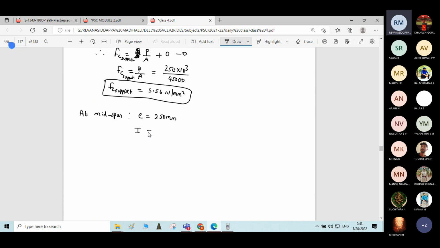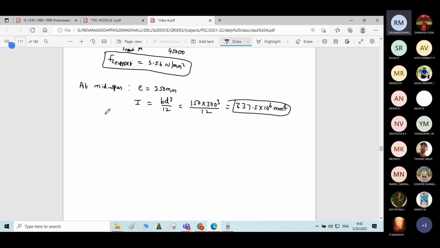I is equal to, for rectangle, BD cube by 12. It is 150 is the width, 300 is the depth, divided by 12, which is equal to 337.5 into 10 power 6 mm4, the moment of inertia.